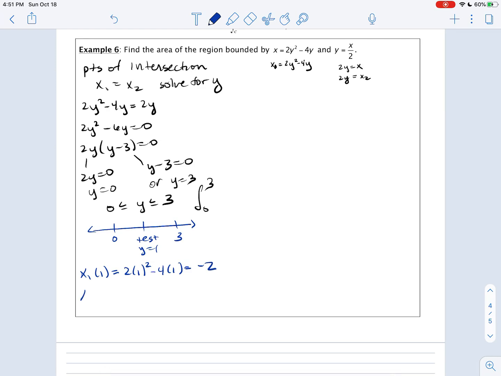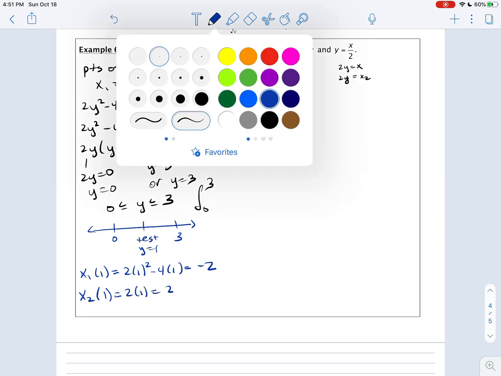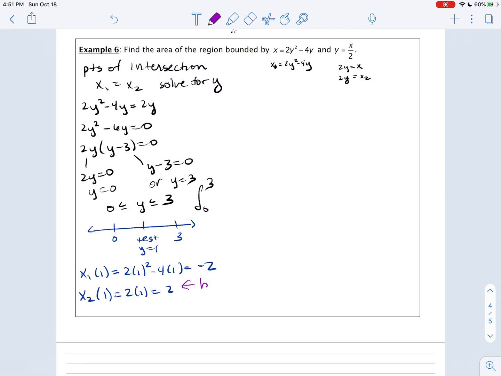That's going to be 2 minus 4, which gives me negative 2. And if I evaluate x2 at 1, my x2 function is 2 times y, so this is going to be 2 times 1, which is 2. And I see that this is the bigger output, so it is my right function.